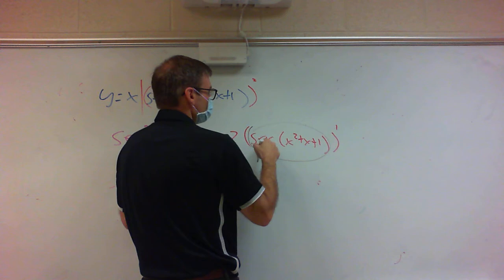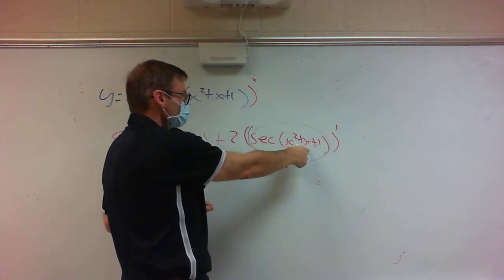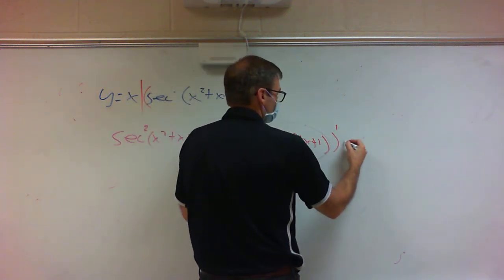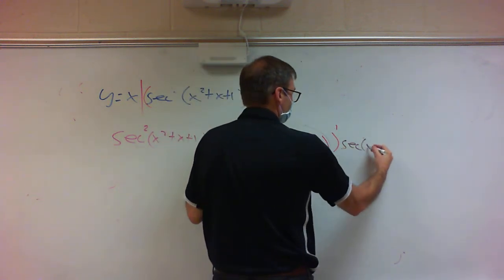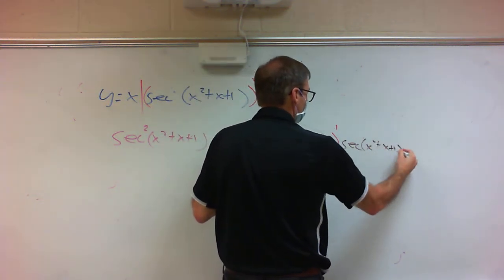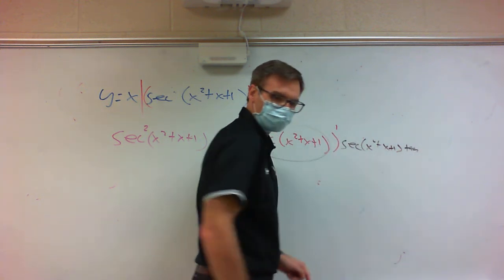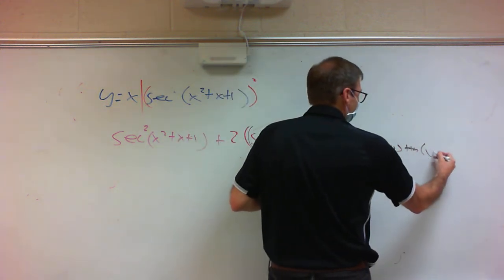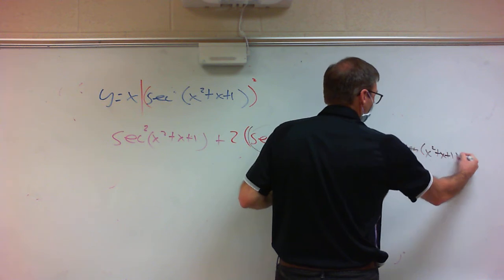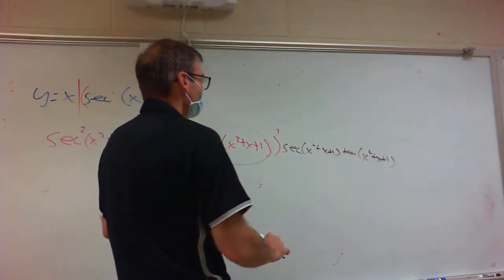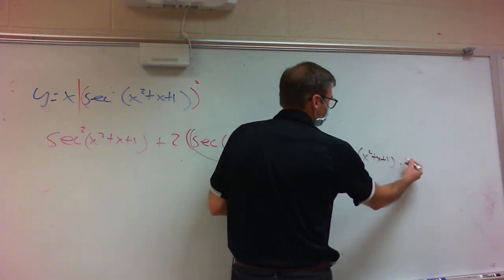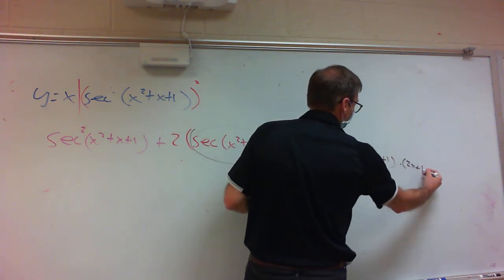But since I copied stuff, I have to take the derivative of this, which is, derivative of secant stuff is secant of x squared plus x plus 1, tangent of x squared plus x plus 1, times the derivative of stuff, which is 2x plus 1.